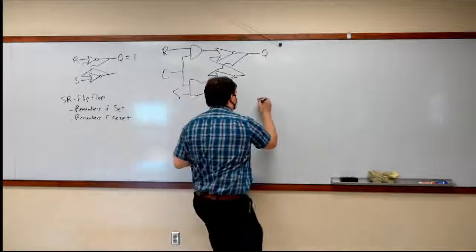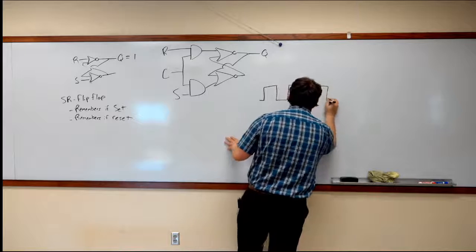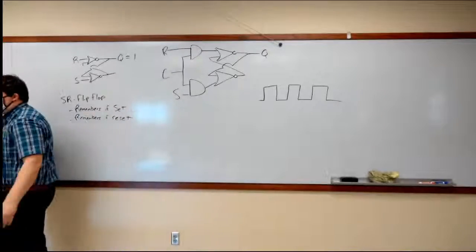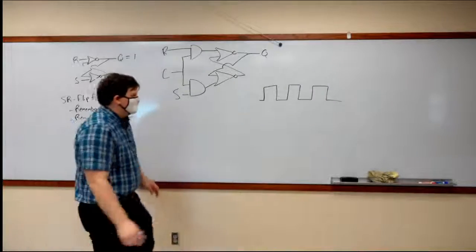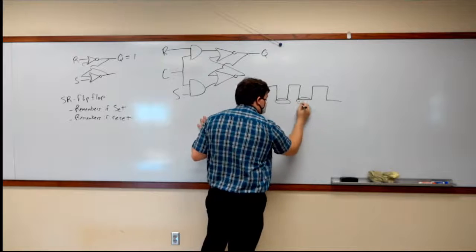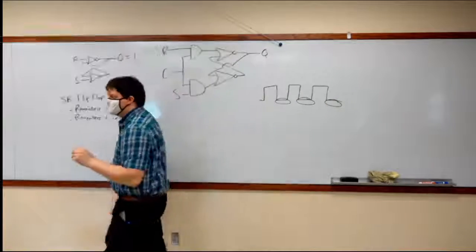So if your clock signal looks like this, which it does, it's a very precise square wave. While it is in the off state, which is here, here, here, while it is off, you cannot change the system.